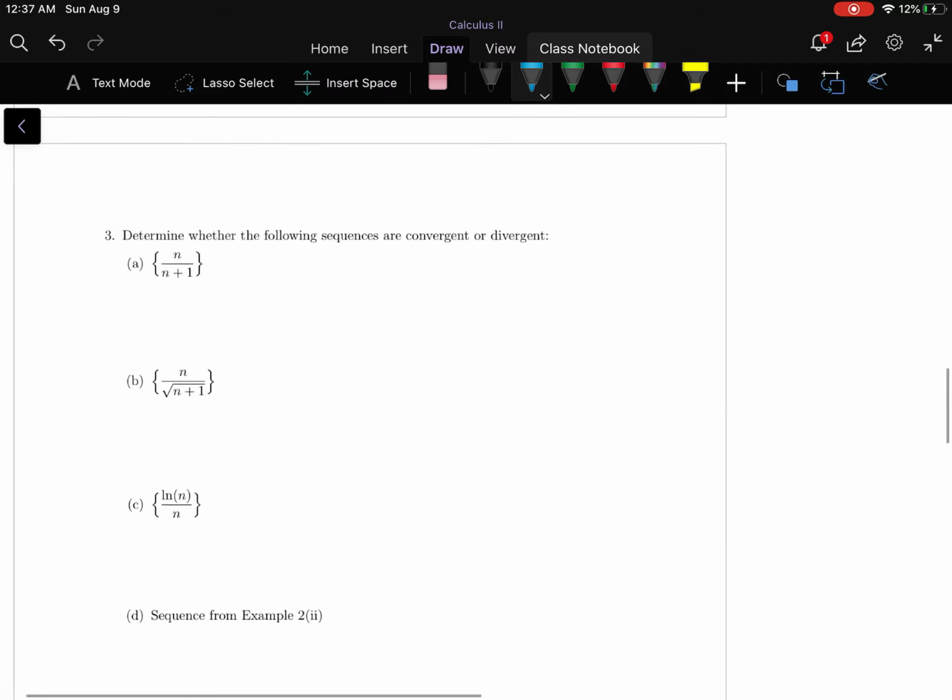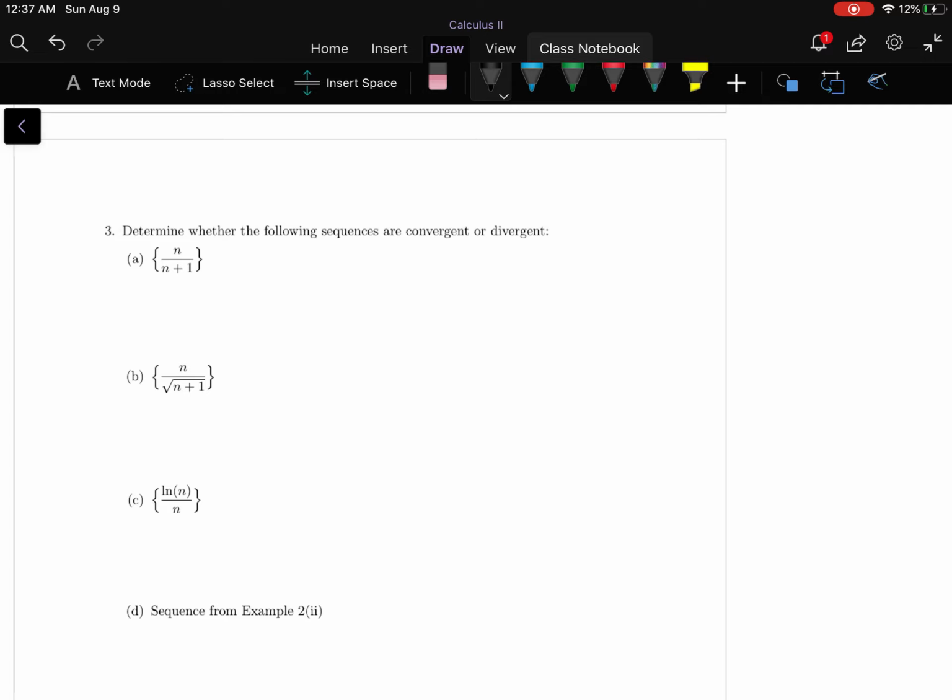Let's take a look at problem 3. Problem 3 says determine whether the following sequences are convergent or divergent. In order to do that, we need to look at the limit of the a_n term. So the limit as n goes to infinity of n over n plus 1.